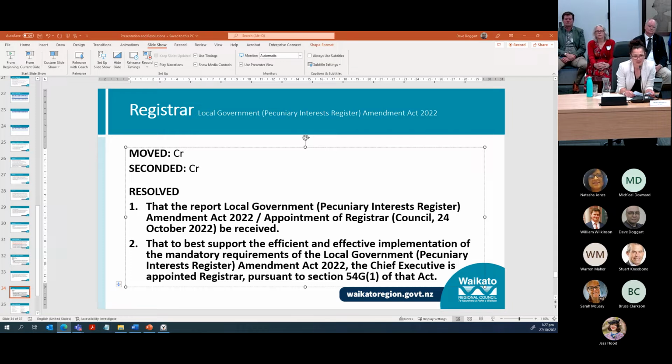The recommendation in the report is that you appoint our chief executive as the registrar. And from what we understand, that is generally the practice that most, if not all, councils will adopt across the motu. This decision needs to be made by the 20th of November, and that's why we are bringing it to your attention today.